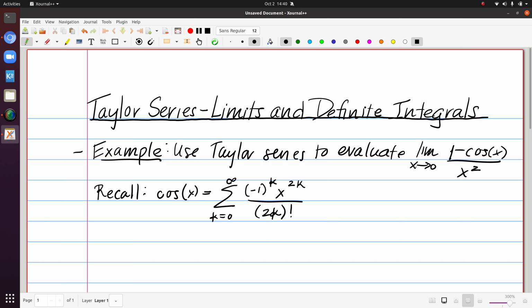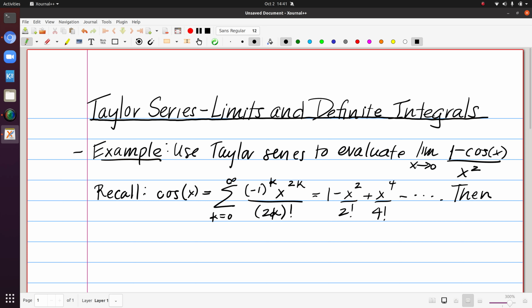So we could sum the series for any x in there by equating it to cosine of x. For our purposes, what I want to note is the first several terms of this. When you plug in k equals 0, you get positive 1, and then we would get minus x squared over 2 factorial plus x to the 4th over 4 factorial, and so on.